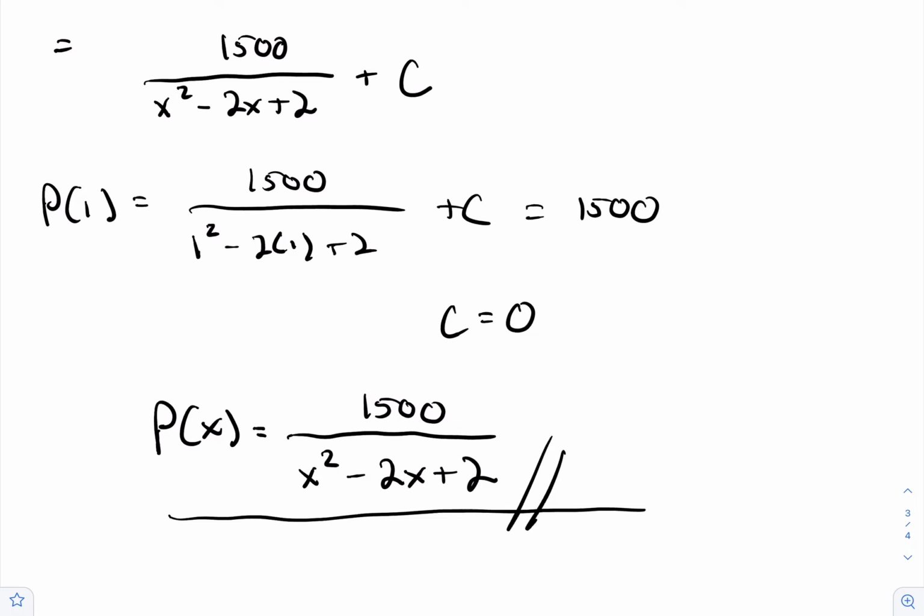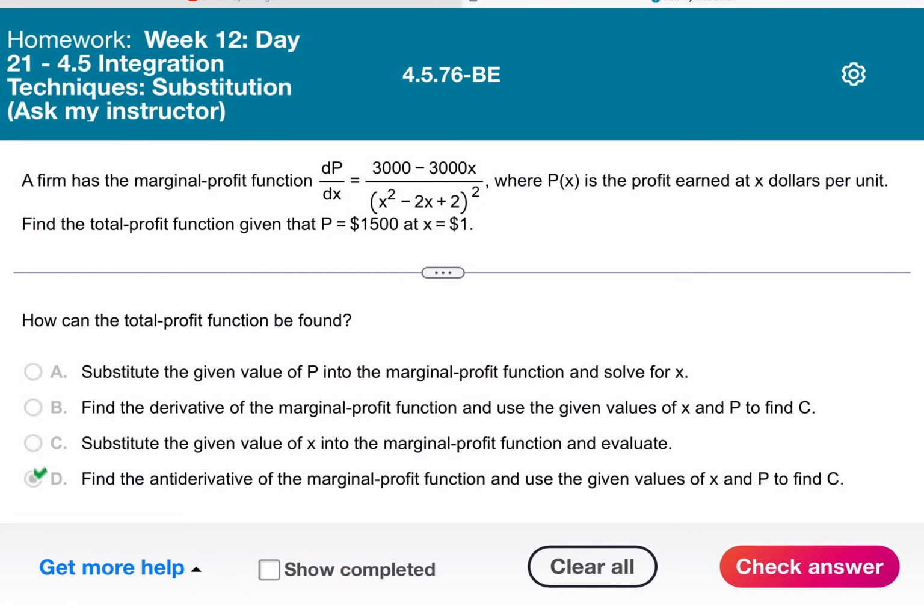Let's hop back over to Pearson and submit this result and see how we did. We enter 1500 over x squared minus 2x plus 2. Let's zoom out some.